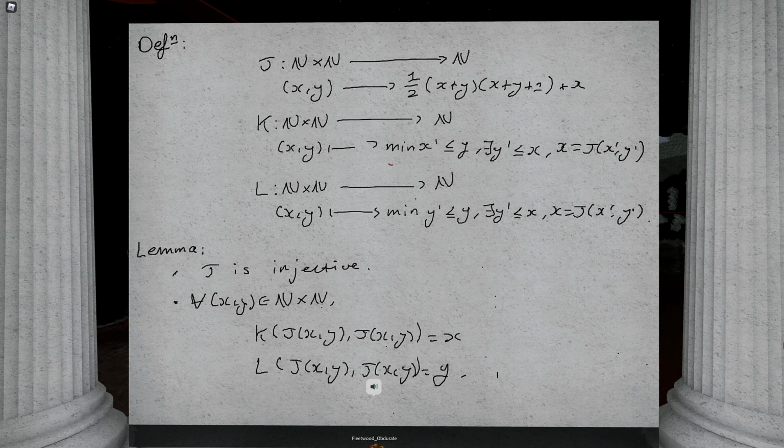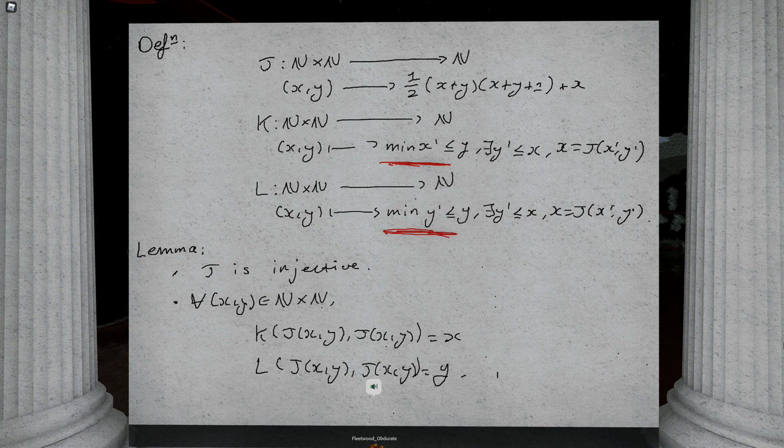Now, it looks a little bit weird because we've got these minimizations here. The only reason why they're there is because we can only perform minimization to functions that we don't know evaluate to 0 for some input if that minimization is bounded. We need that in order to remain general recursive.